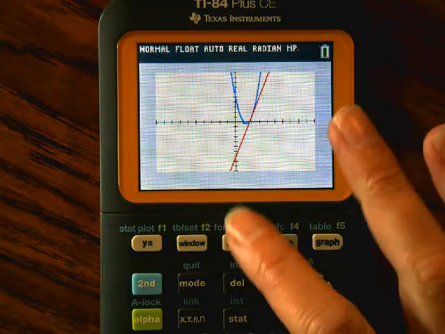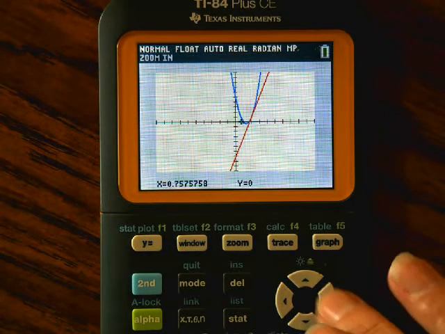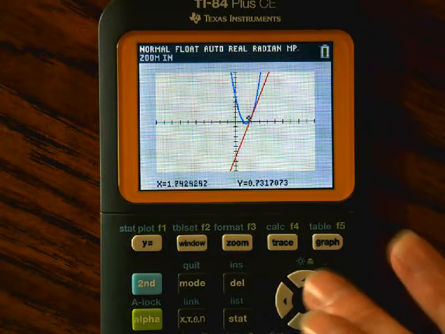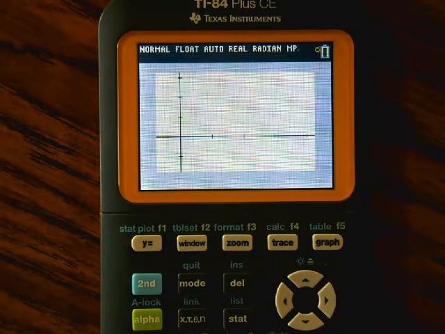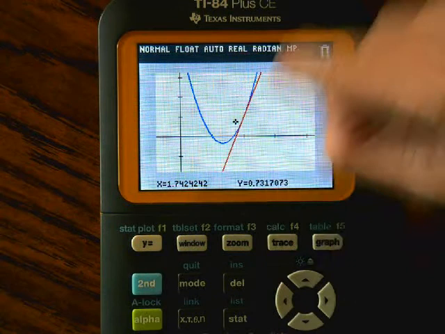I'm going to go ahead and zoom in. About there is fine. So you can see it touches this point, (2, 1), and it just grazes it. So we found that slope using limits.